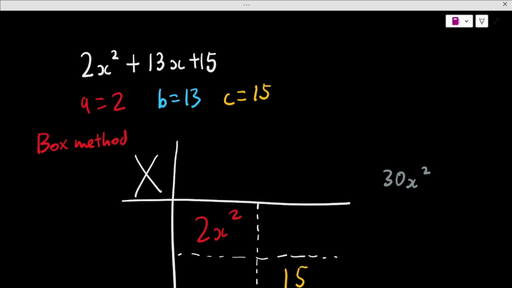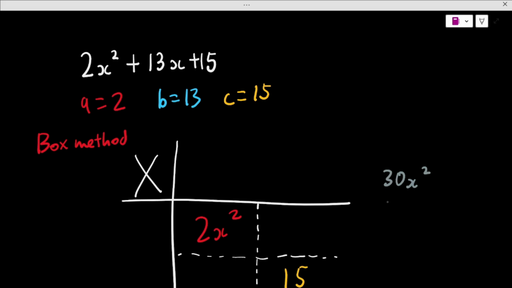Next, we are going to be listing all possible factors of 30x squared such that both factors contain x and that they multiply to give 30x squared. What do I mean?